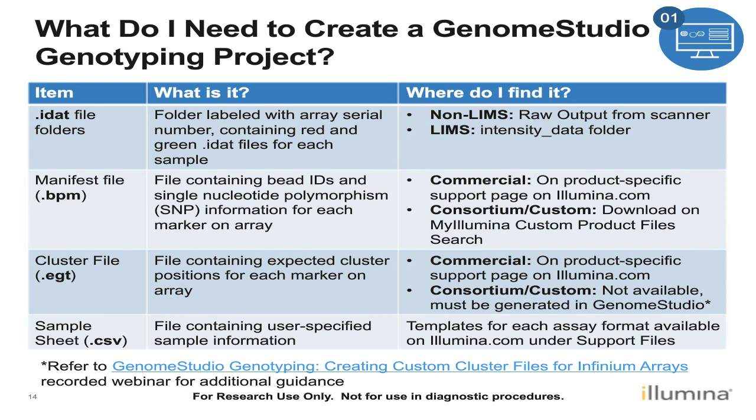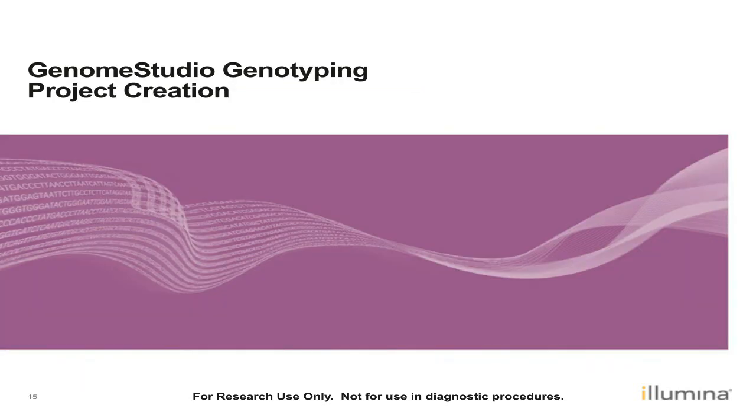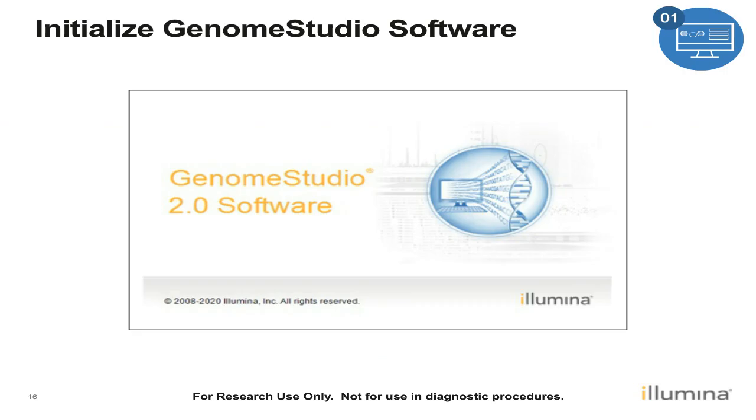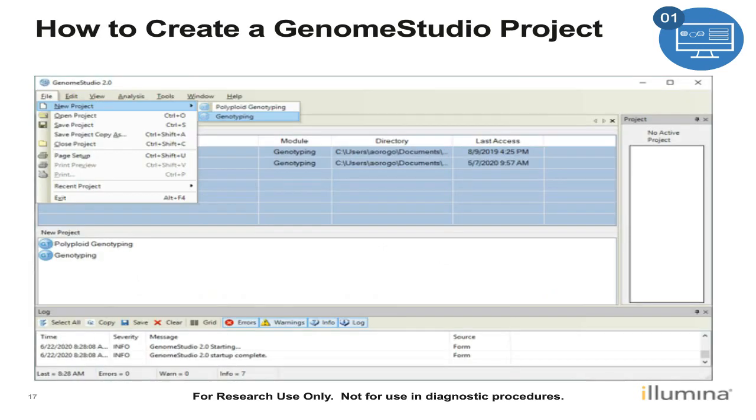Now that I've discussed the required and optional files, we're ready to create a project in GenomeStudio. When you first initialize the software, you'll see this screen very briefly, and then it will take you to the GenomeStudio launch page. You'll have two options for creating a project. You can either select File, New Project, Genotyping, or you can double-click the Genotyping button under New Project.